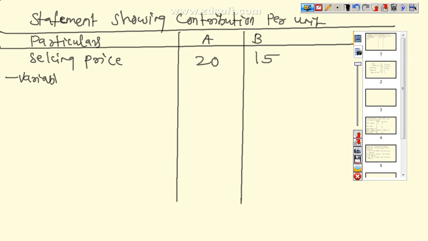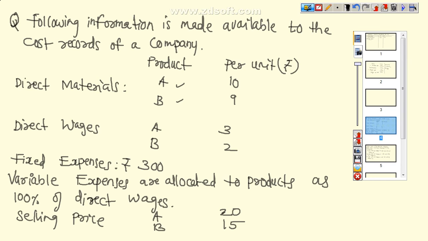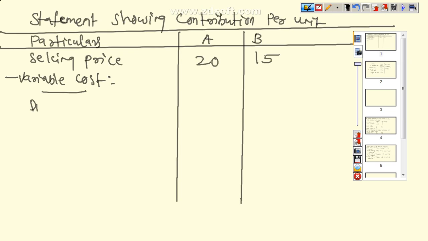So first we have to identify what are the variable expenses given in the question. First one direct material, second one direct wages, and variable expenses, that is given as 100% of direct wages. So first we write direct material. Direct material for A product is equal to 10 and for B product is equal to 9.